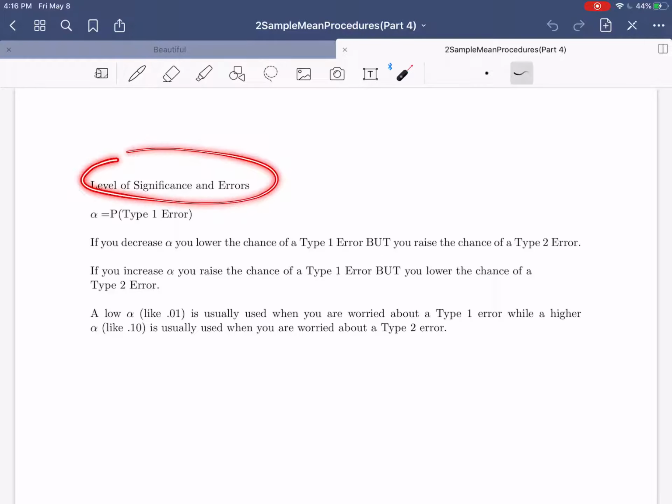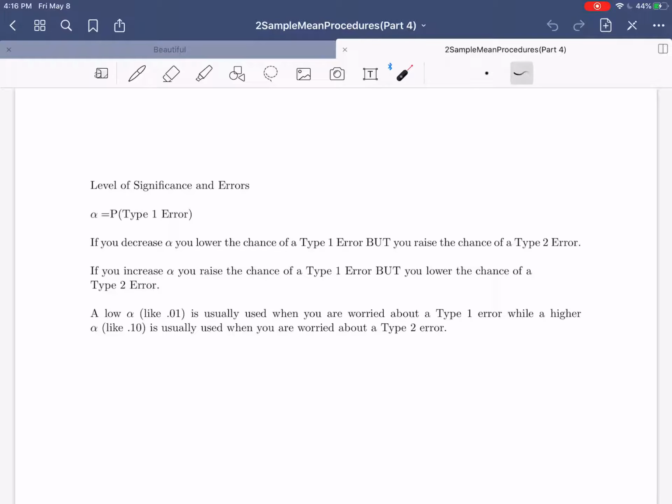So first of all, level of significance and errors. So far, level of significance has been something that we've just been given in each problem, but it turns out that level of significance has a direct relationship with the probability of making a type 1 and type 2 error. In fact, the alpha that you use in a particular hypothesis test is exactly equivalent to the probability, or at least the accepted probability, that you will make a type 1 error.